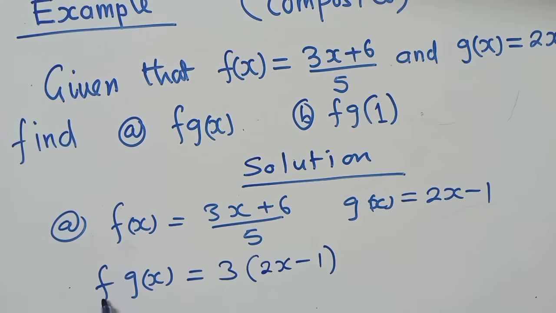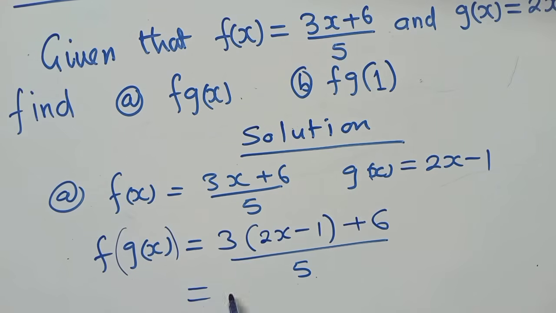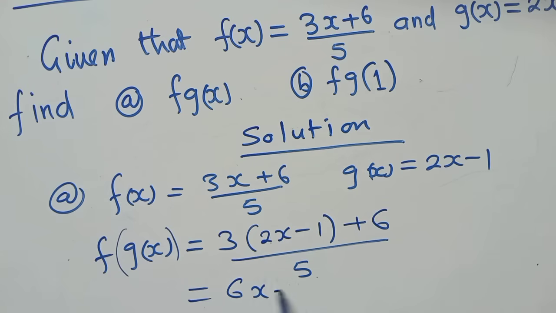So f is starting, meaning this f will swallow the g because g is right here. Is that clear? It's inside. The g is inside. It has been swallowed by f. So in f, wherever there's x, put this function. So just like that. So now we can simplify here. We multiply 3x by everything that is inside the bracket. So we're getting this.